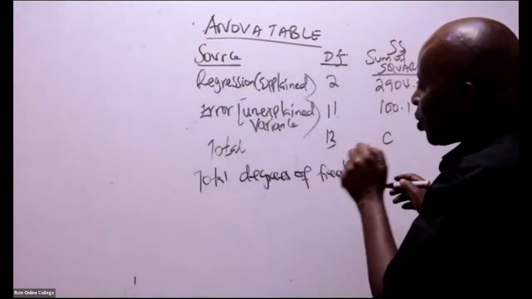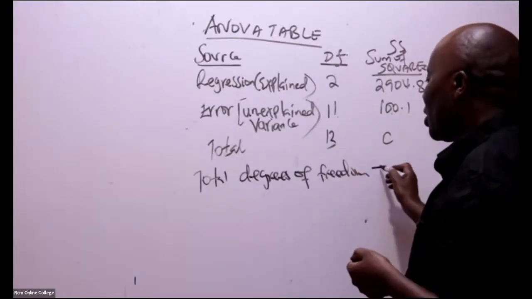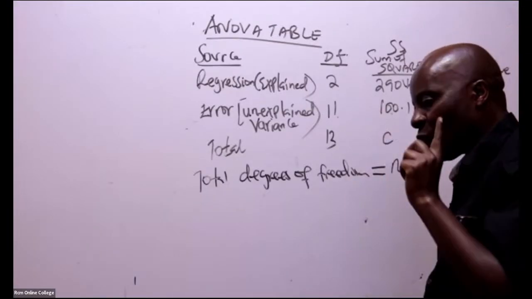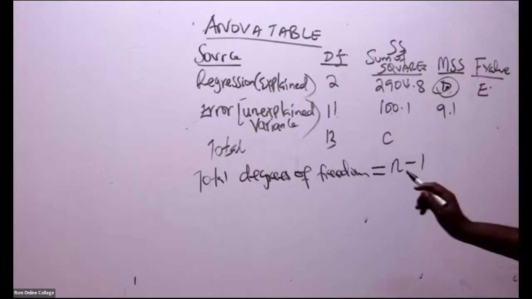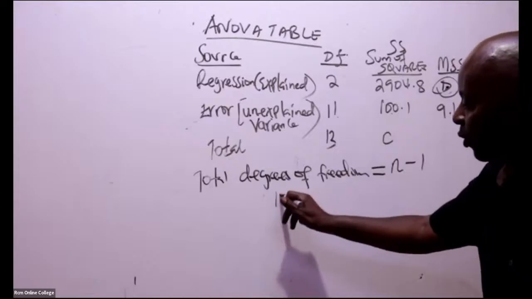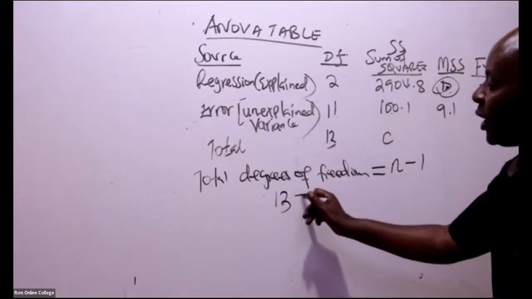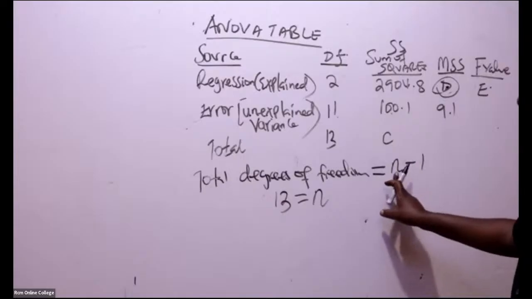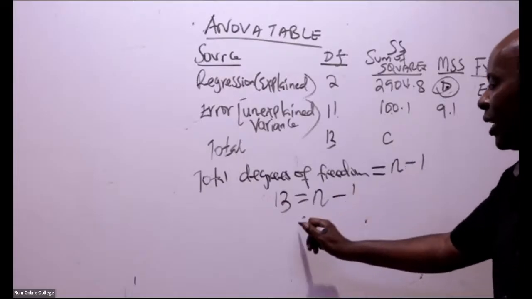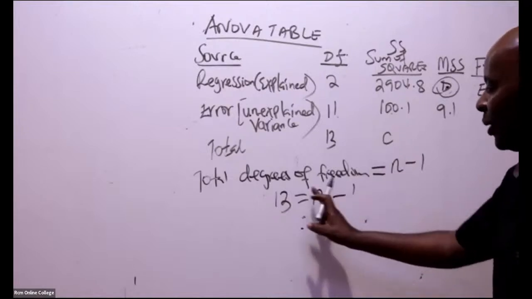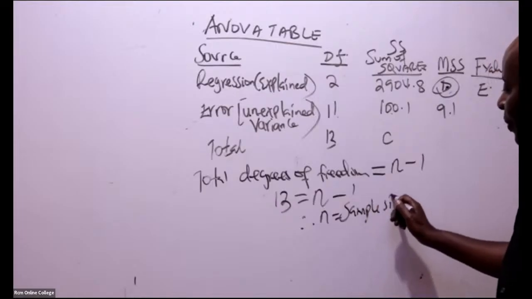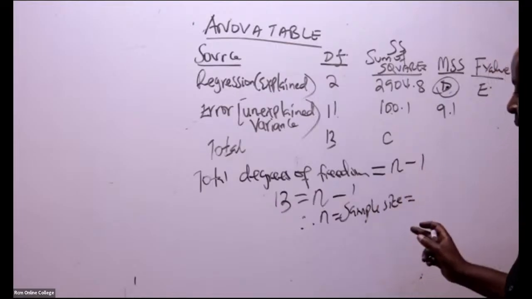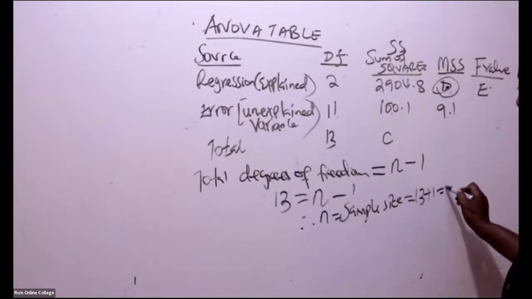How do we get total degrees of freedom? You'd always take n minus 1. Like in this question, they have given us the total degrees of freedom, 13, but they will not give you the sample size. Remember, n is the sample size. So n minus 1 equals 13; making n the subject, n is 13 plus 1, which is 14.